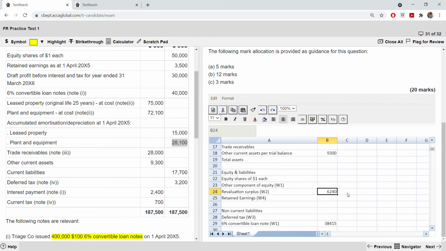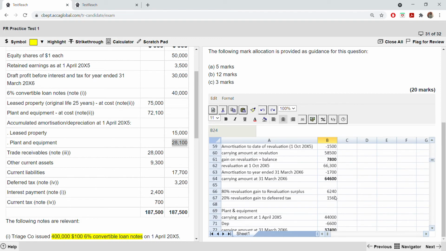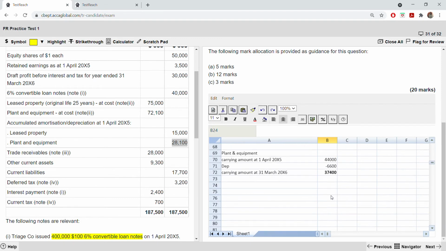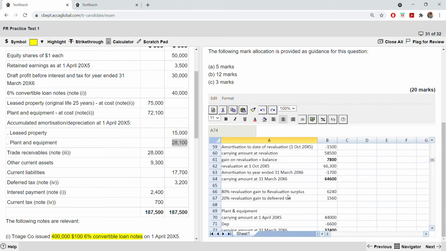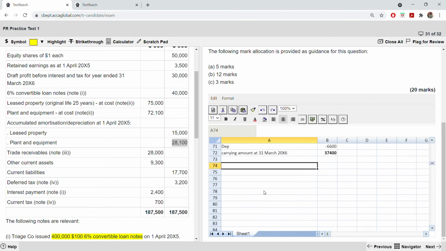Now let us go to working number 3. What is working 3? You have to label it. For fraud we don't have a working.